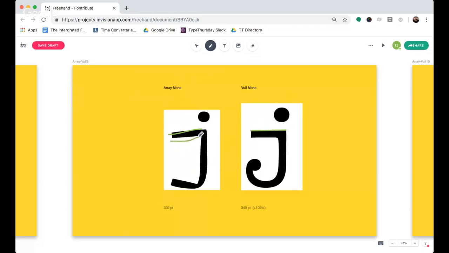And there's again this kind of puffing out of the form while some tapering is occurring here versus this part right here. So again, it's a lot of energy, a lot of things going on in the Array Mono typeface. Contrasting that to Vulf Mono, again, things are happening, but a little more stabilized, I would say. So notice the nature of the contrast positions. There are not these radical movements of change of weight as we saw in Array Mono.